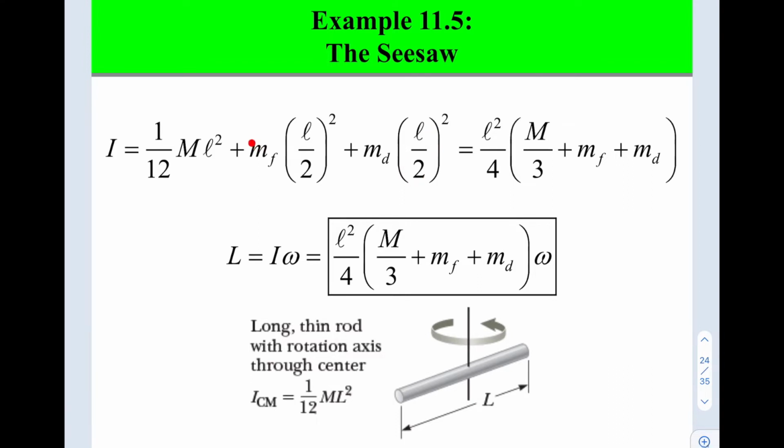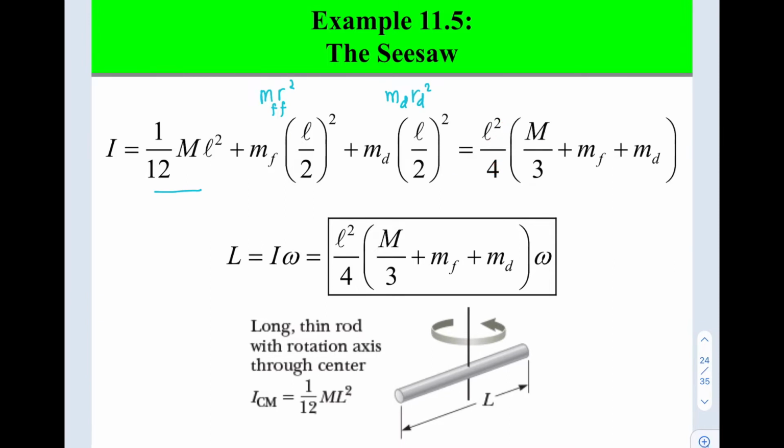For the daughter it is also L over 2 squared. The general equation of moment of inertia is mr squared, so this is the mass of the father and r of the father, and here is the mass of the daughter and r of the daughter. This is for a long thin rod with the axis of rotation at the center.